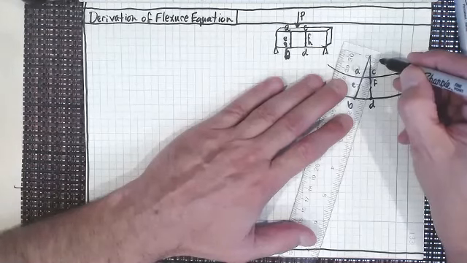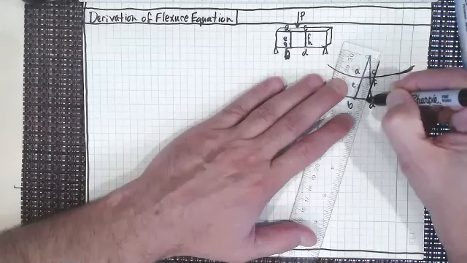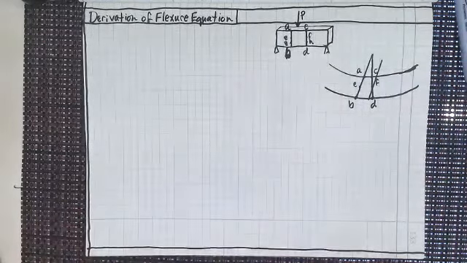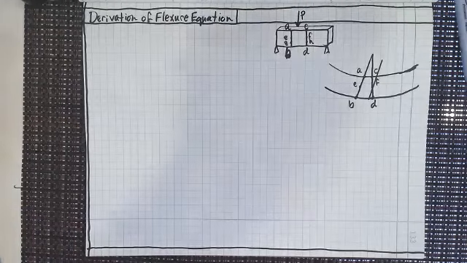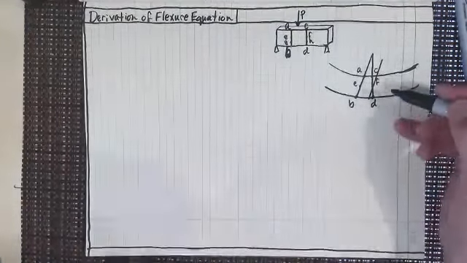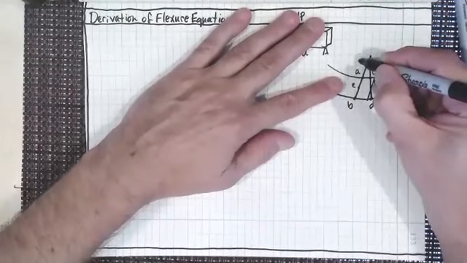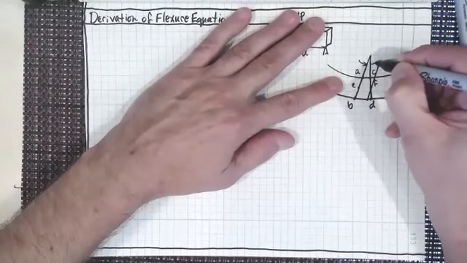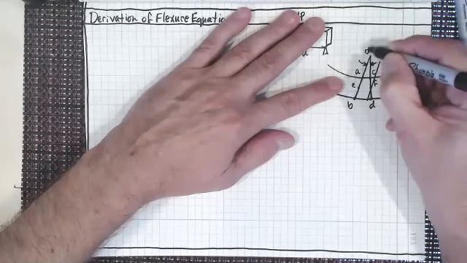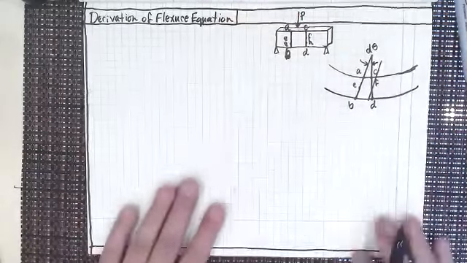We like to be like Superman, right? X-ray vision doesn't work, so I didn't do that really well either. I could have done it better, but that looks pretty parallel. So now I'm going to call this angle that I've got right here d theta. Okay?